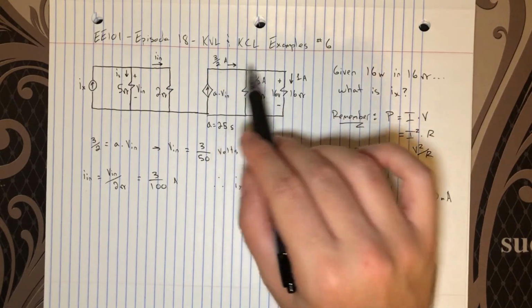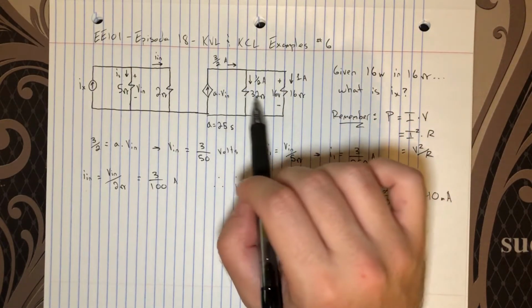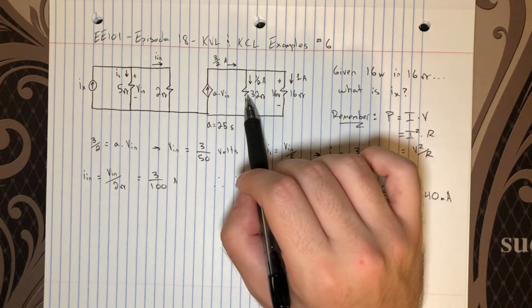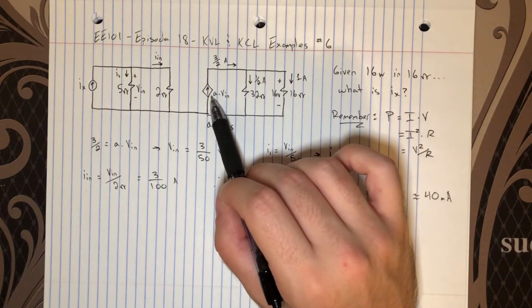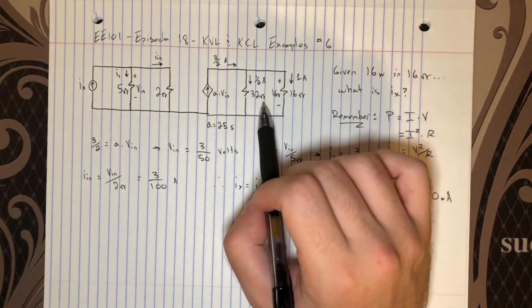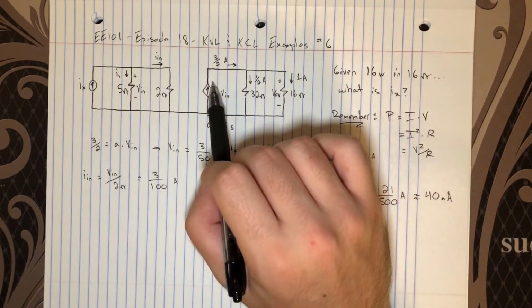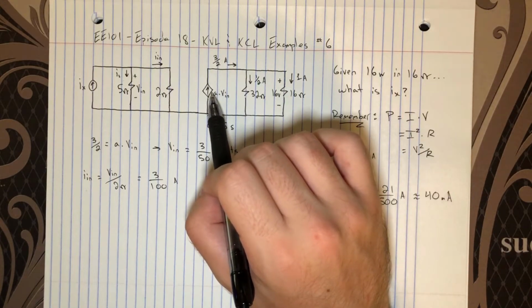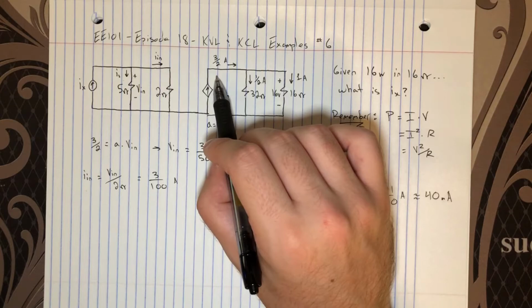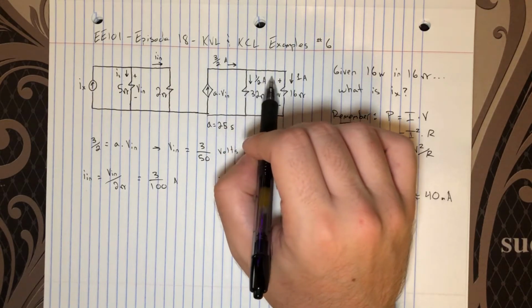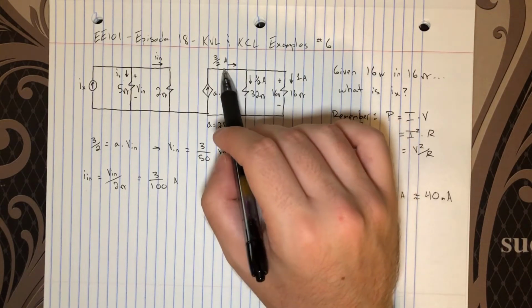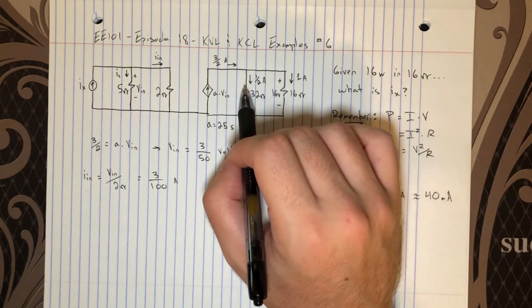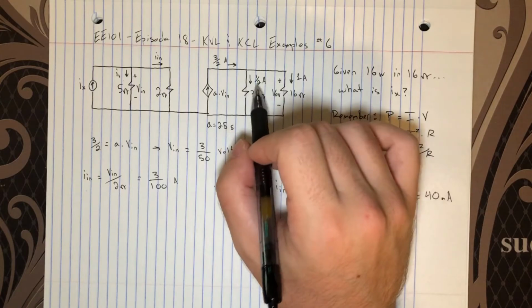So first look at the right half of the circuit here. We know this 16 volts is across this resistor, and also this dependent current source, because they're all in parallel. So we know the voltage across this current source, and we know its current. And we also know that the total current entering these resistors is the current leaving this current source, and also that these resistors share the same voltage.